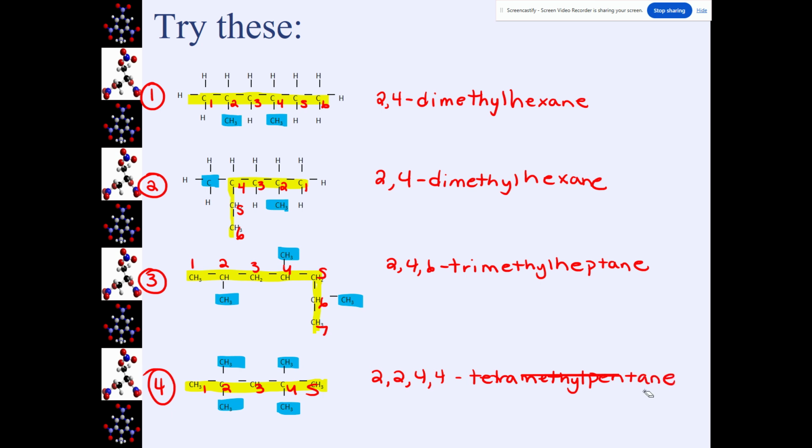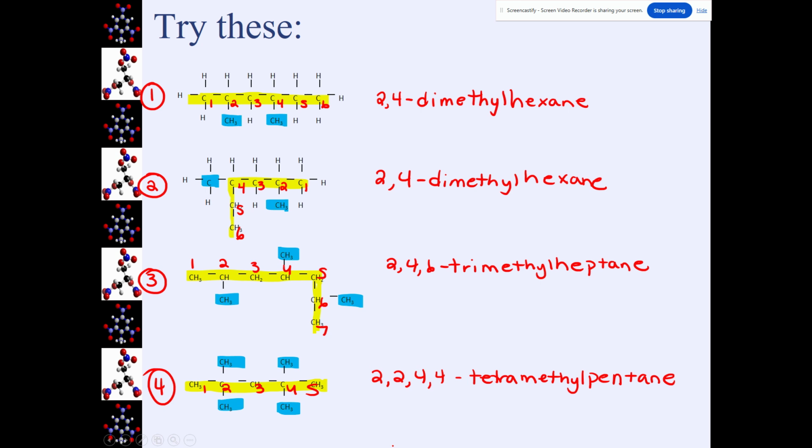Okay? So even if you have 4 branches, you need a number for all of them, even if they're on the same carbons. So I write the 2 twice and the 4 twice. Okay? I think that all looks good. Hopefully there's no mistakes there.